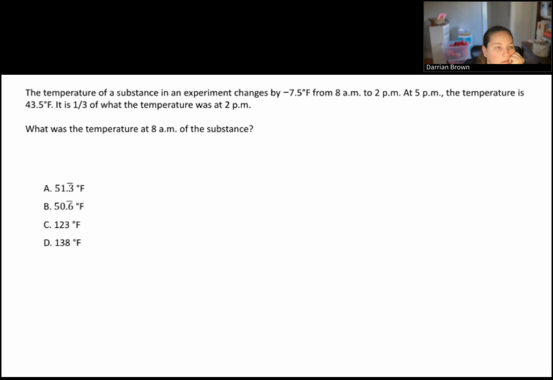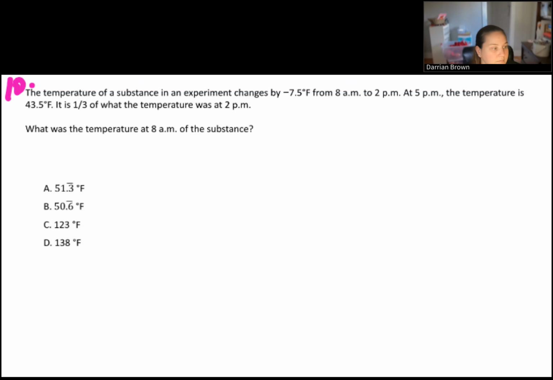This is slide 11, which means that it is number 10. And it is a word problem. And don't let this be tricky. Okay, if you don't read it and make sense of it, it can be tricky. But let's make sense of it together.